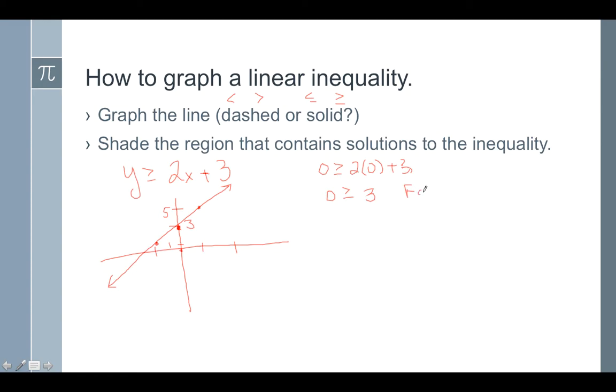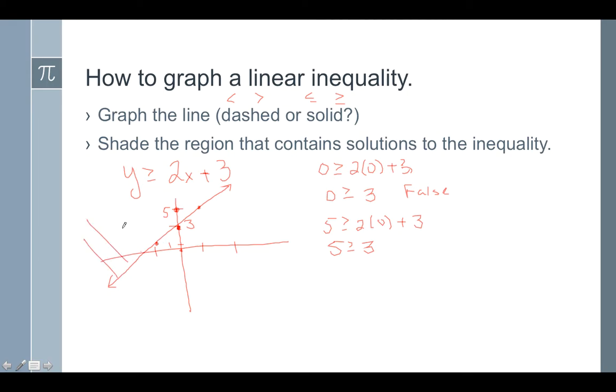Because this is a false statement, we shade on the other side. Let's test the point 0, 5. If I plug in 5 is greater than or equal to 2 times 0 plus 3, 5 is definitely bigger than 3, and therefore we shade above the line.